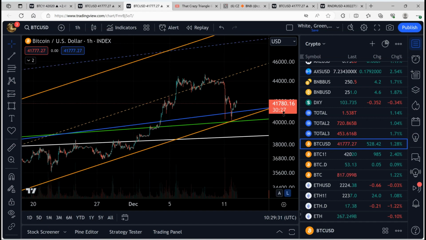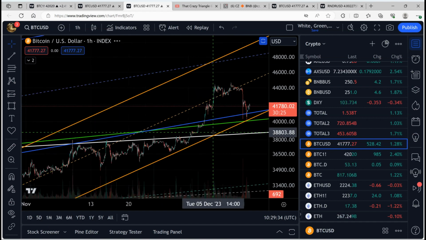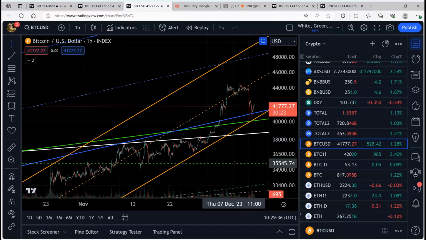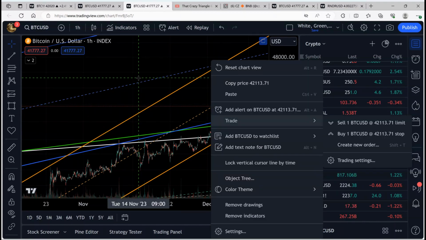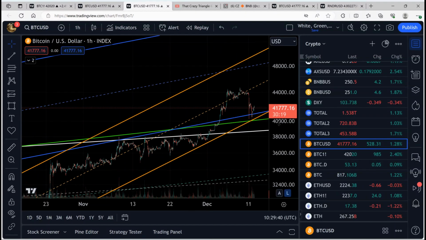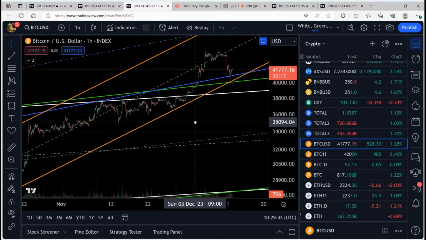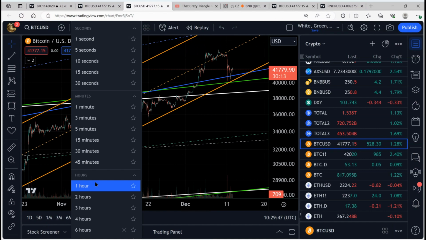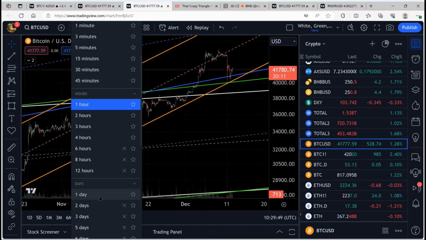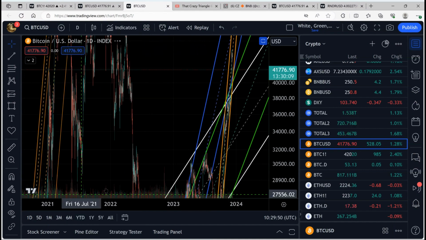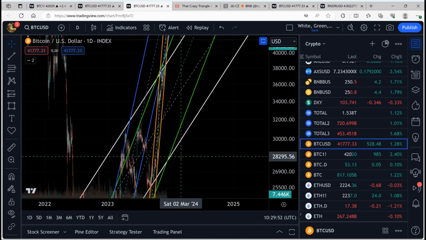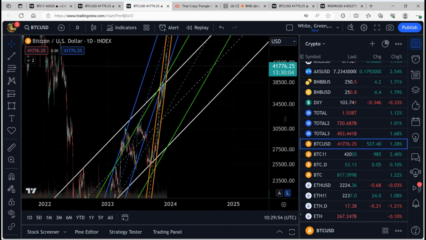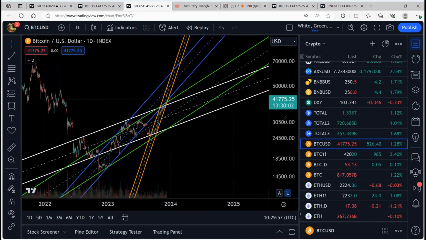That is really, really significant because the narrative I've been laying out for you over the past weeks and months is that we are transitioning out of the white channel and out of the green channel back into the blue channel.